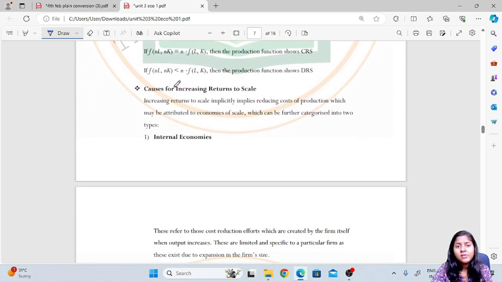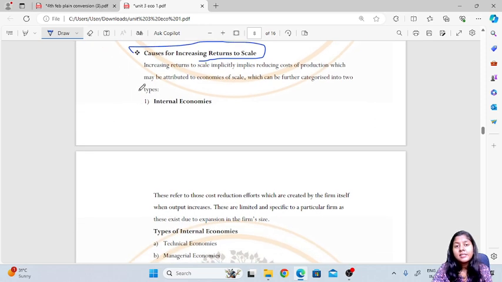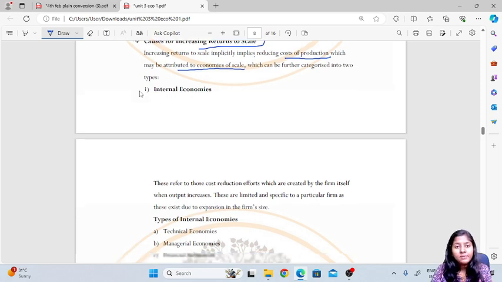Now, what are the different causes for increasing returns to scale? Increasing returns to scale implies reducing cost of production, which may be attributed to economies of scale. This can be further classified into two types.